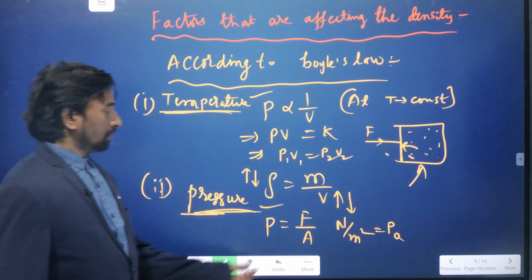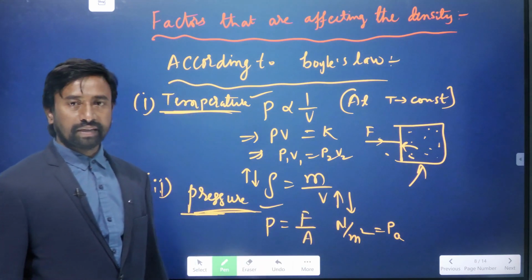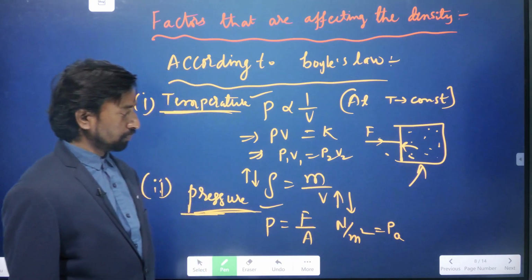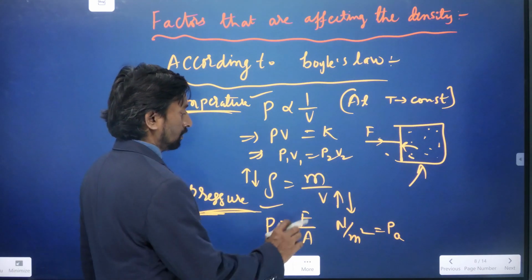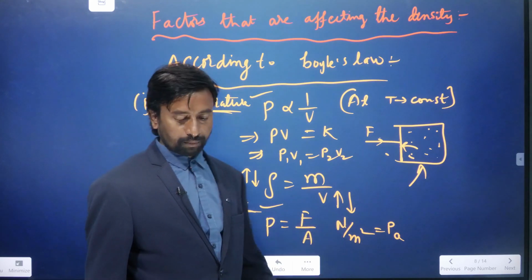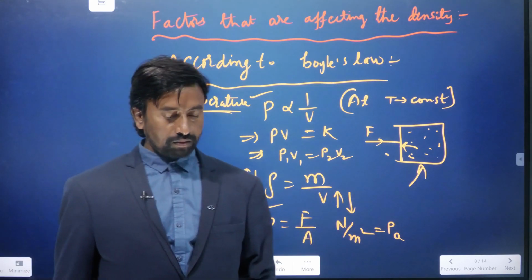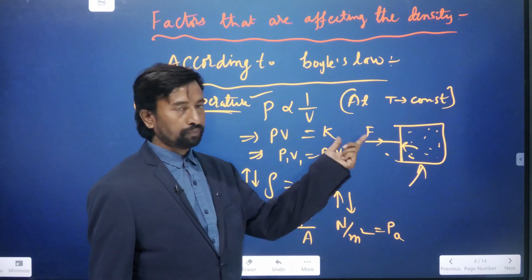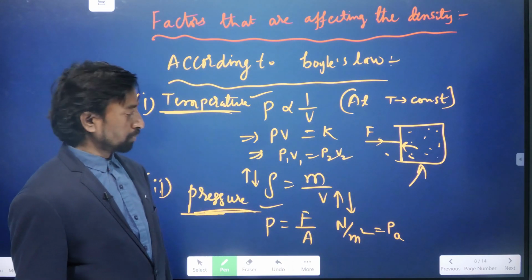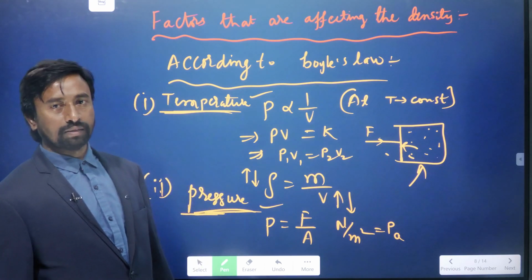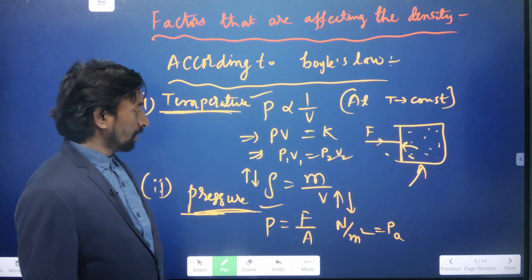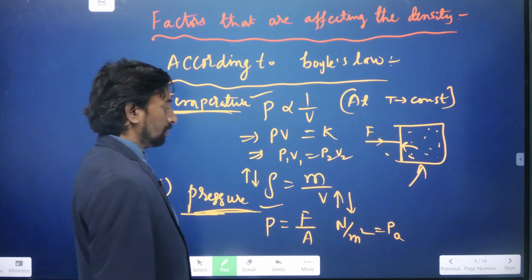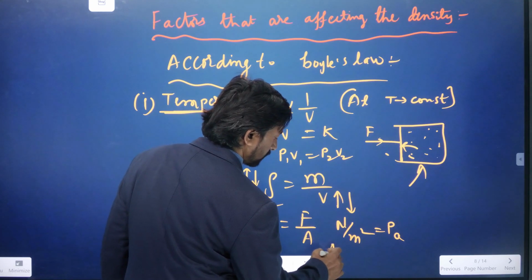We can also write this in terms of kgf per meter square. Newton is the SI unit of force. Suppose 1 kg of mass of the substance applies force on a unit area, then that force can be written as 1 kgf.